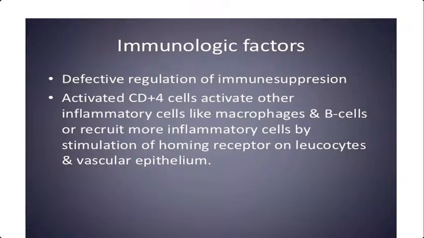This is the general pathogenesis of most inflammatory processes. So it doesn't look like it's any different, but it's what comes before the defective regulation of immunosuppression that is the problem.